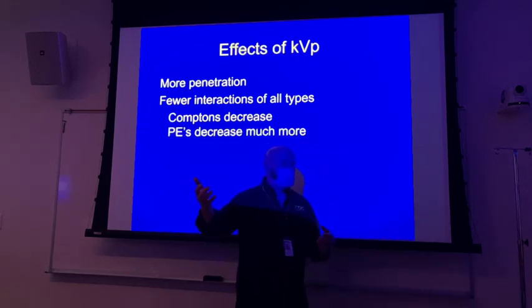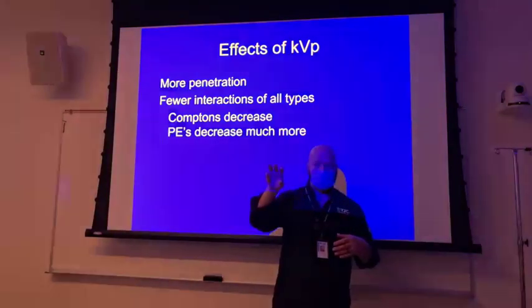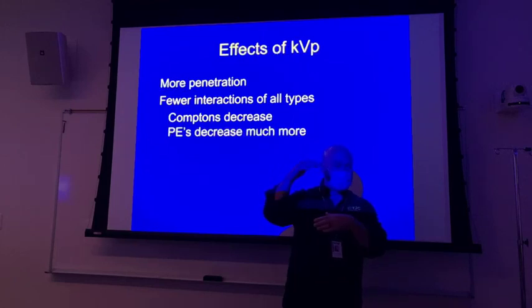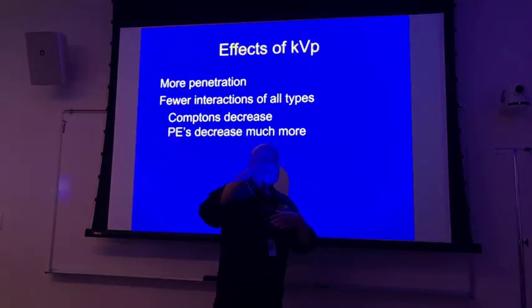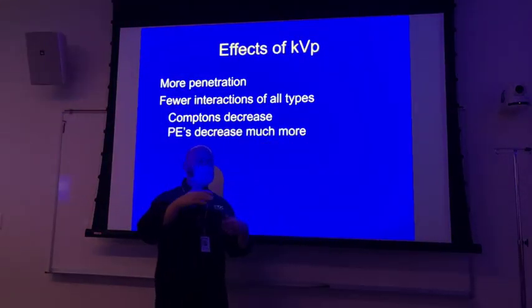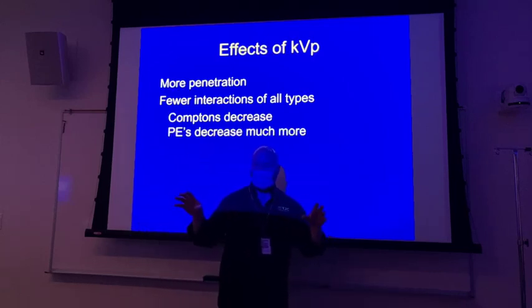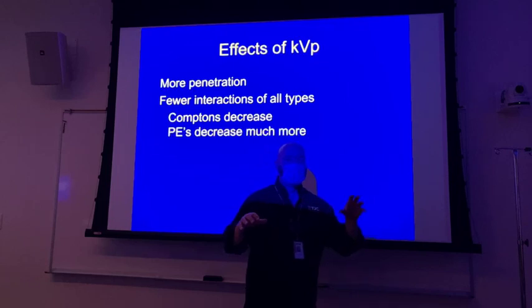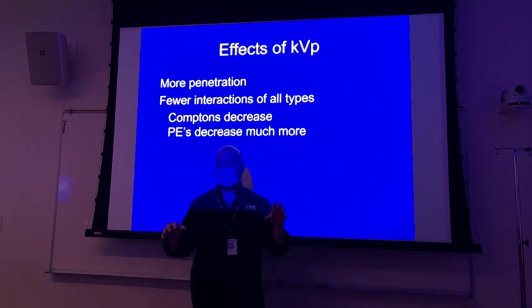Now you increase your kVp to 100 kVp, and what you get is instead of those two penetrating, you've got 20 that penetrate, okay? The Comptons, even if they were split evenly, would be 40 and 40, but the Comptons are going to go down. Instead of 48, they may decrease to 44.